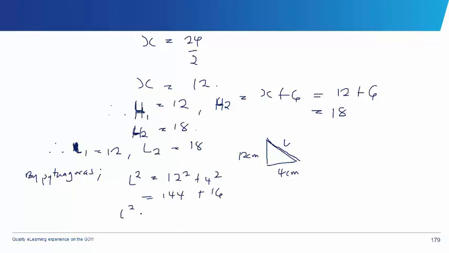So L squared is equal to 160, so that L is equal to square root of 160. In short form you can write this as root 16 times root 10, which is equal to 4 root 10.